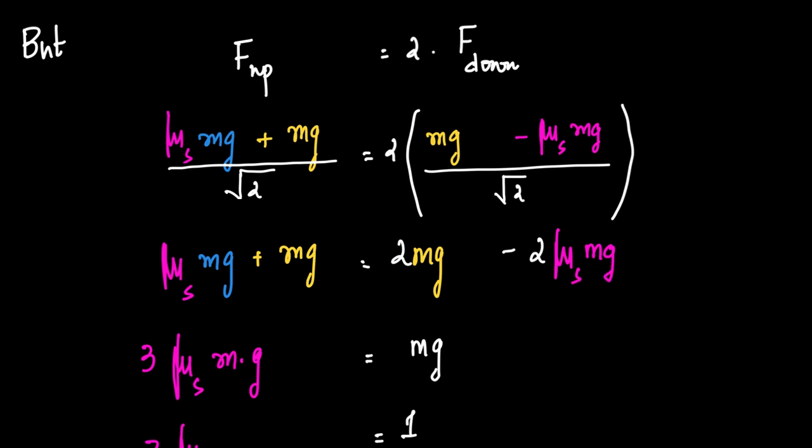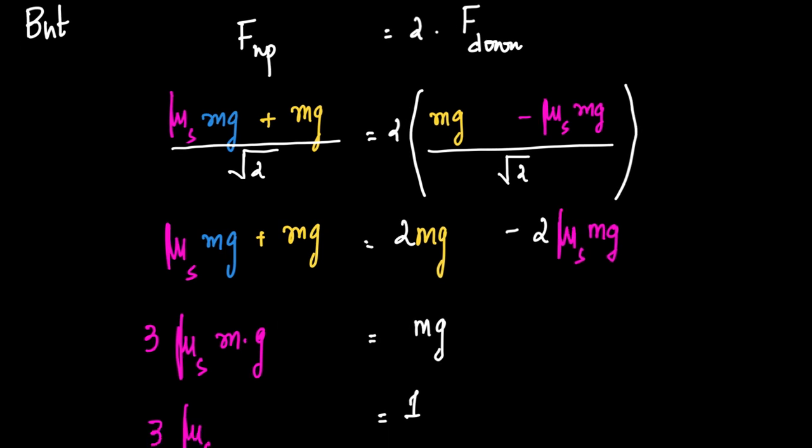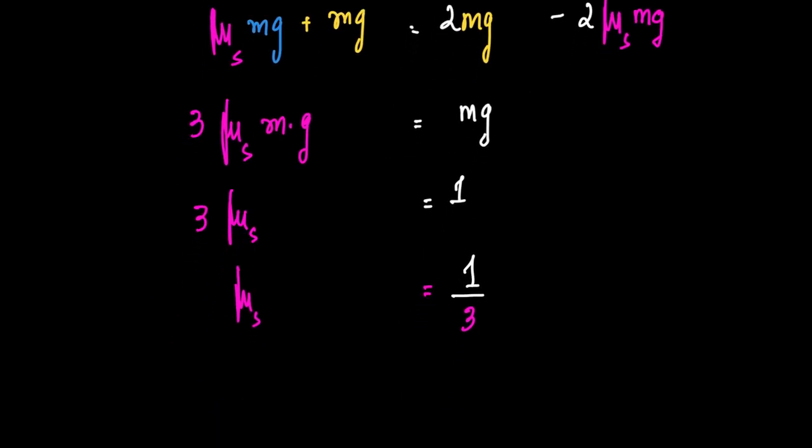If I transpose mg to the RHS, 2 mg minus mg is mg. If I transpose minus 2 mu s mg to the LHS, what we get is 2 mu s mg plus mu s mg, which is equal to 3 mu s mg. M by m is 1, g by g is 1. So essentially what we get is 3 mu s is equal to 1, and therefore mu s is equal to 1 by 3.